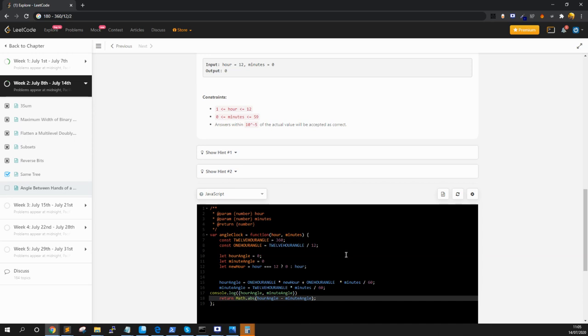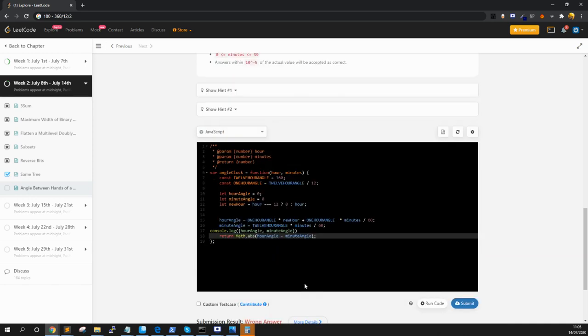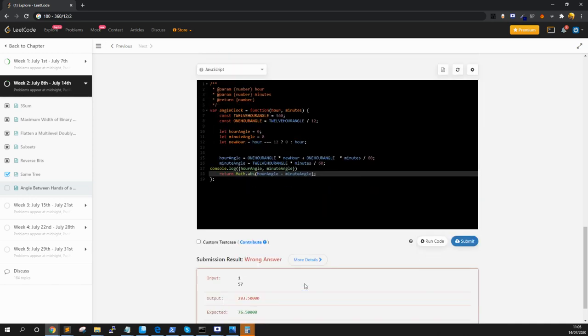Okay, well, what I can do, once I get the absolute value, I will compare it to, what can I do, modulo? Question, what if I do modulo of this value?